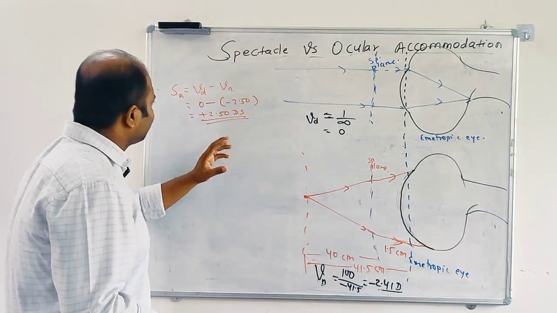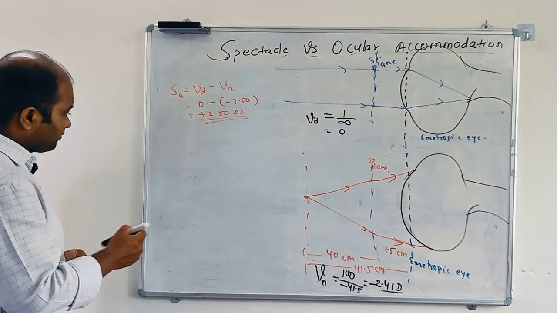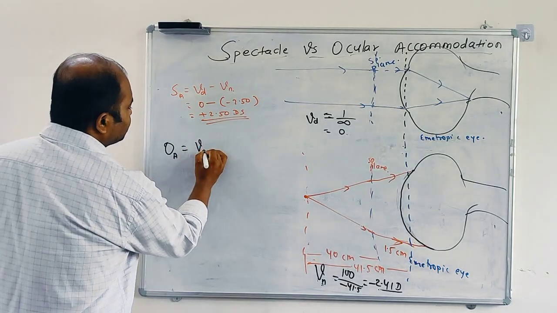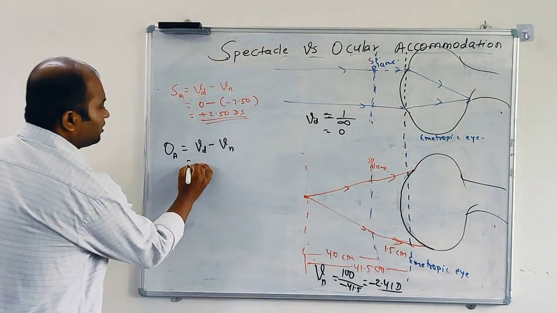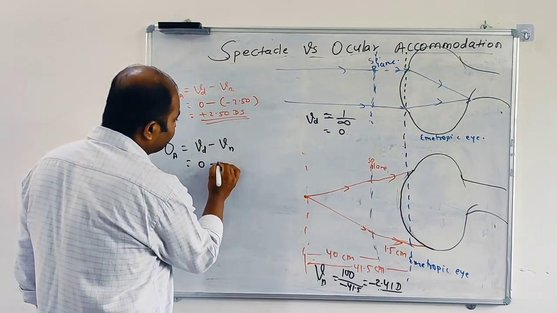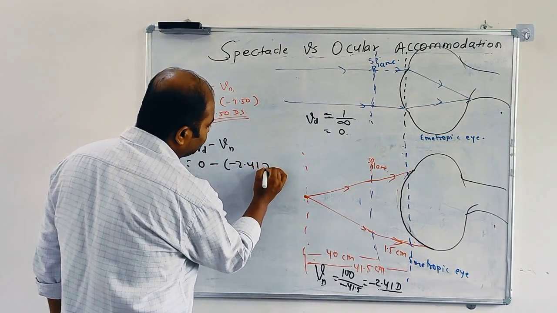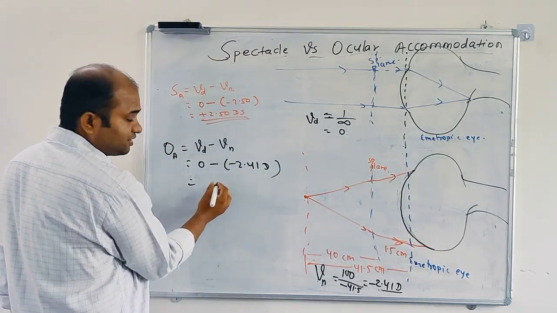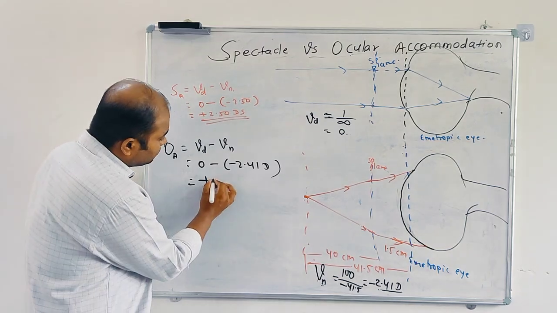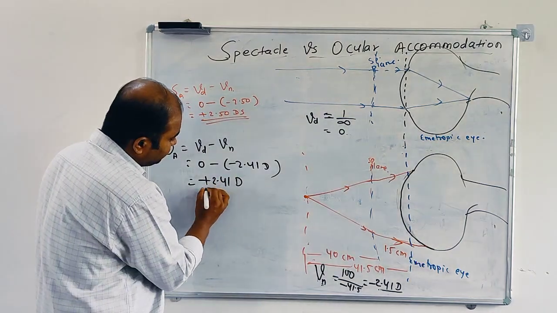So the same things will be kept in the formula of ocular accommodation: OA equals VD minus VN. Here VD is 0 minus minus 2.41 diopter, so it becomes plus 2.41 diopter.